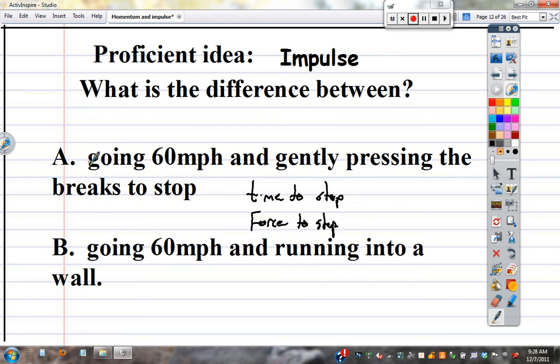In this example here, gently pressing the brakes, you're going to have a small force, but it's going to take you a long time. But when you run into a wall, you're going to feel a humongous force, and you're going to stop. The nice thing is, or maybe not so nice, you're going to stop very quickly. And this is impulse. It's a combination of force and time to stop an object.